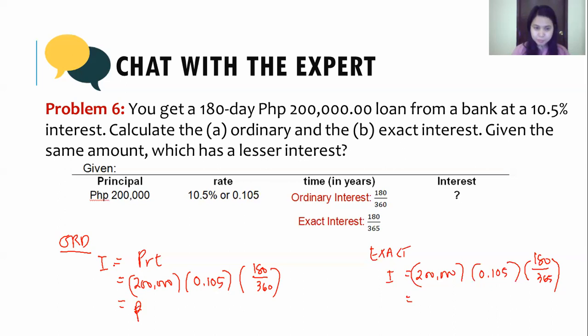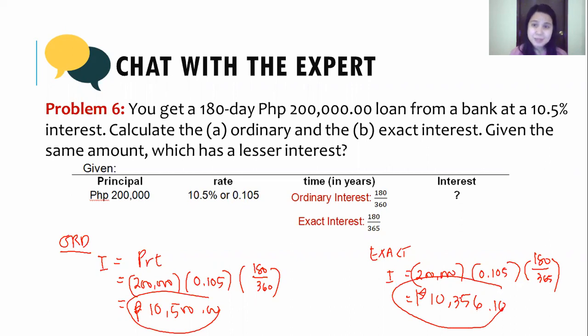So with the ordinary interest, the answer will be 10,500. With the exact interest, we will have 10,356.16.